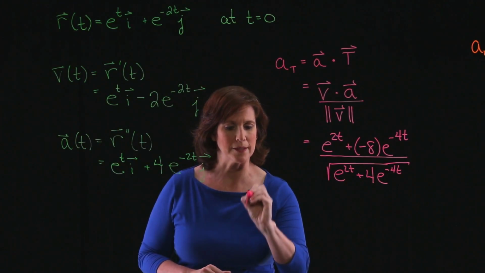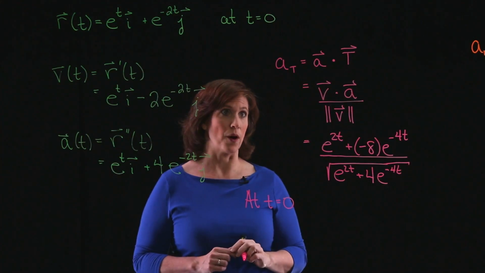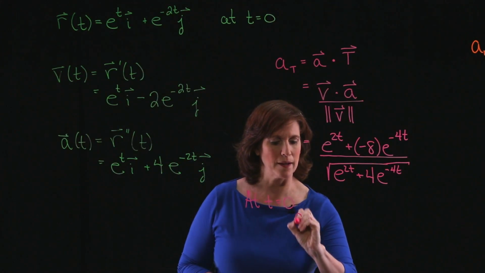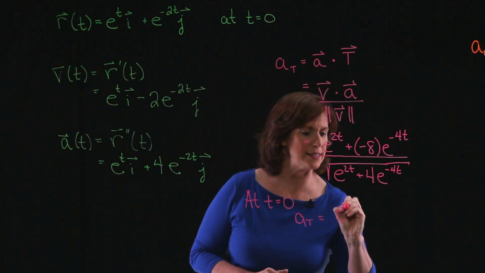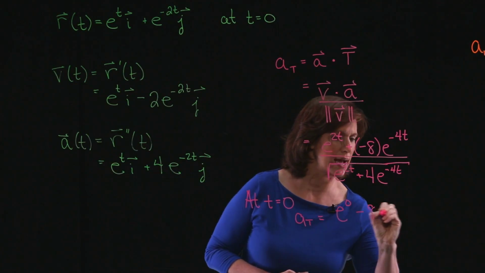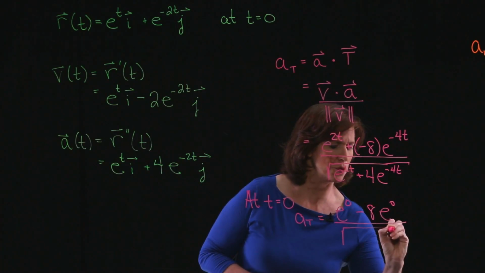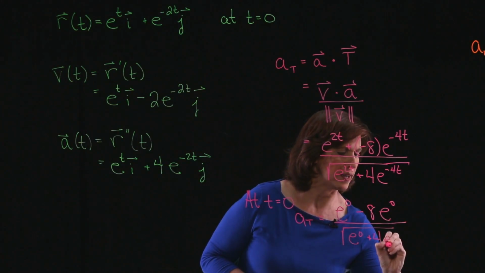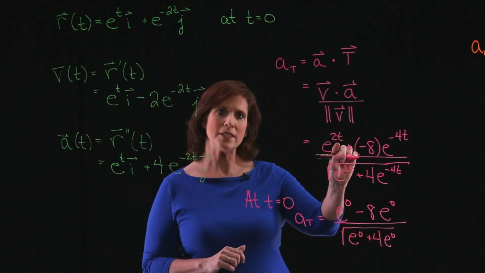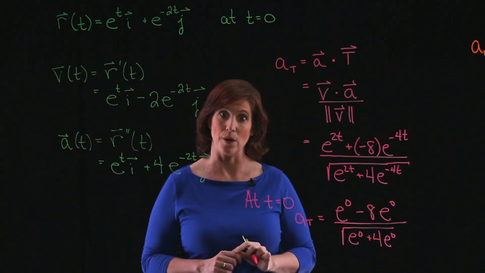I want to know what happens when t equals 0. So at that point, my tangential component is going to be e to the 0 minus 8 times e to the 0 all over the square root of e to the 0 plus 4e to the 0, because every time I plug a 0 in for t, it's going to turn all of those exponents into zeros.